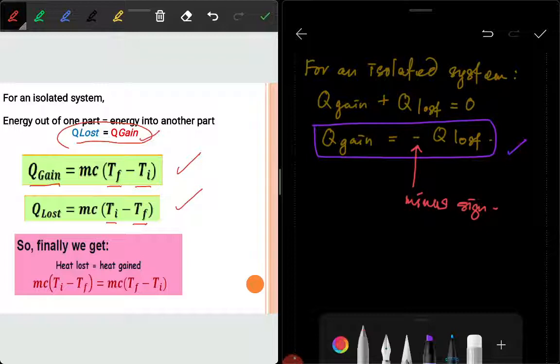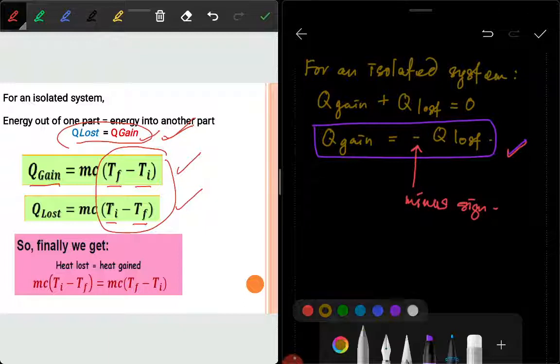So you should remember the difference here for heat gain and heat loss. This is for those who want to use this equation. Some books write it like this, and some reference books write it like this. So both can be used, and both are correct. That's no problem.